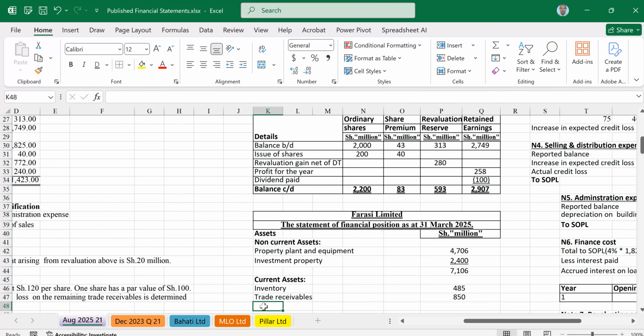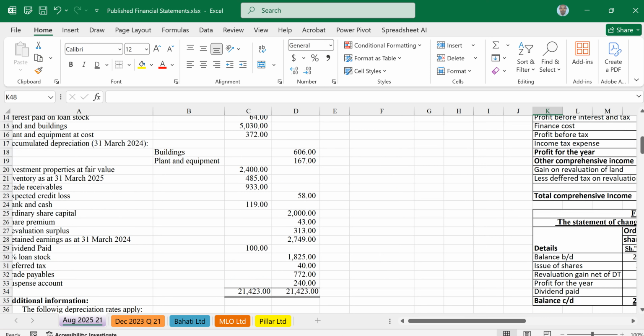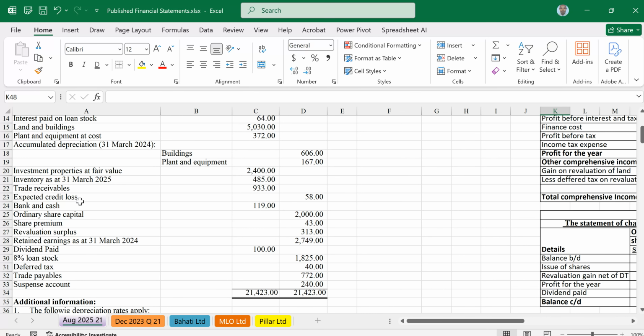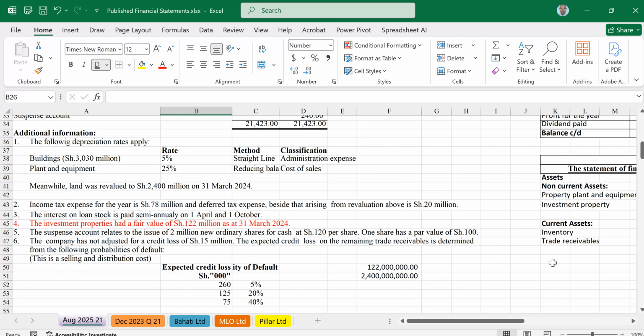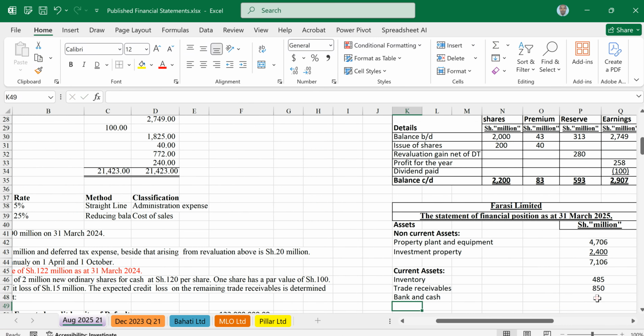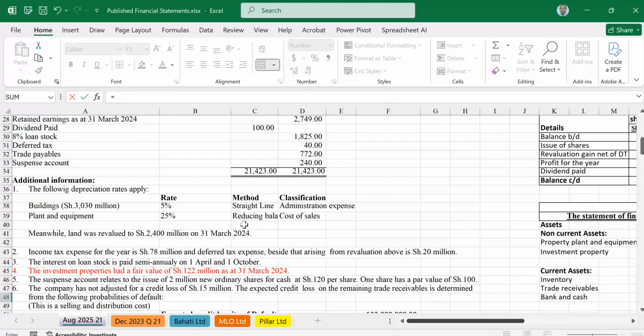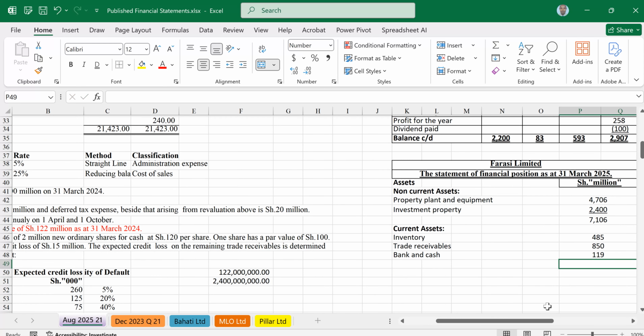Then from trade receivables, bank balance. The bank balance is 119. That is given, not affected by anything, 119. That is all for our current assets. Get the total.